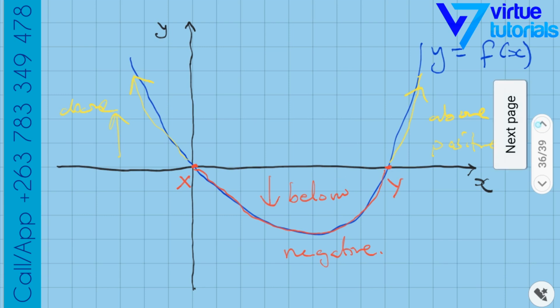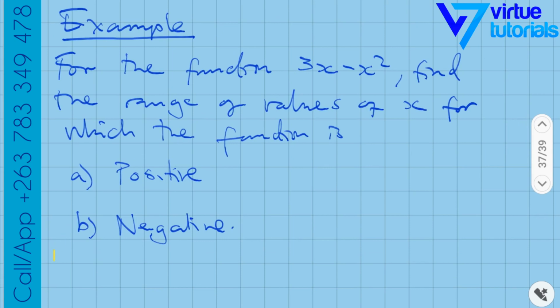So let's have a practical situation, okay? You don't have to think too much. Let's just have a simple practical situation. For the function 3x minus x squared, find the range of values of x for which the function is positive and for which the function is negative.